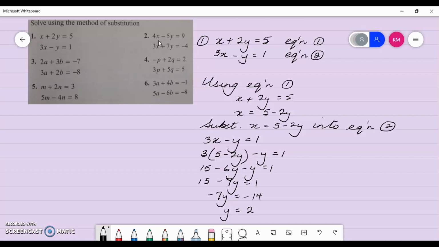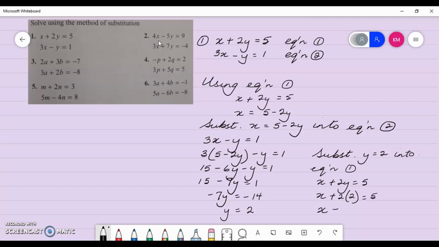Now I need to solve for x. So I'm going to write here substituting y is equal to 2 into any one of my equations. So I'm going to use equation 1. So I get x plus 2y is equal to 5. x plus 2 multiplied by 2, remember y is 2, is equal to 5.